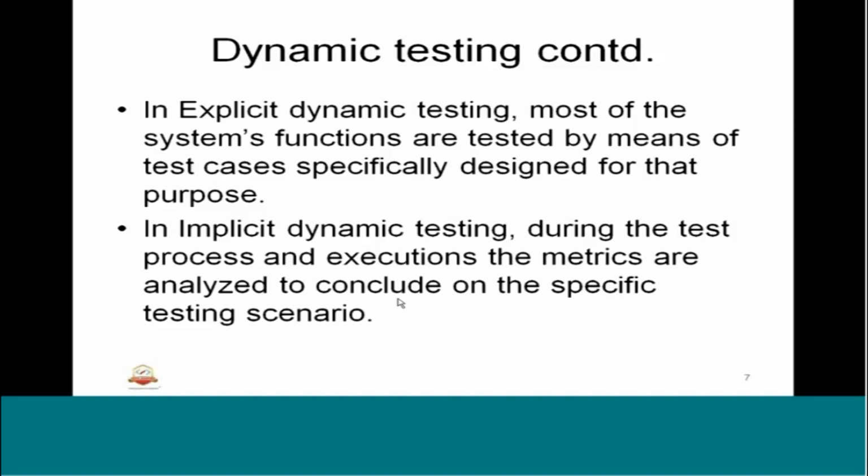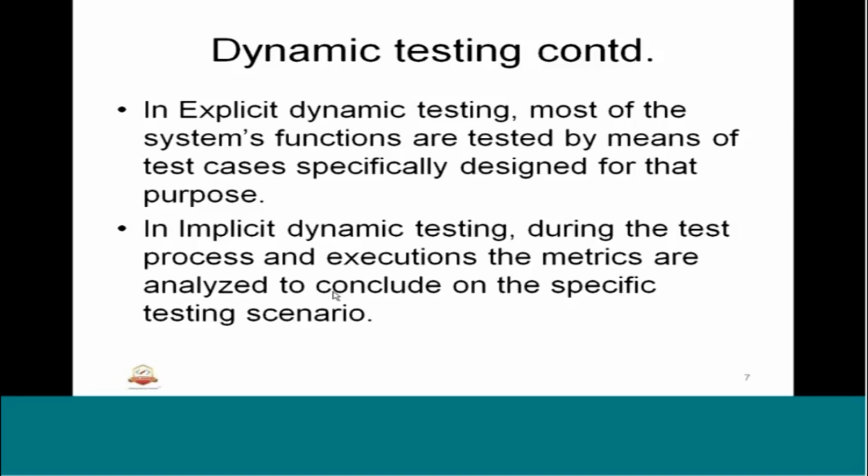All these are used in the test process and help in concluding the specific test scenarios. These are all implicit dynamic testing. That means testing aspects are done implicitly. We don't have a specific test scenario for this. While doing some explicit test scenario, we may come across testing outputs which are enough for concluding the results. Those are all part of implicit dynamic testing.